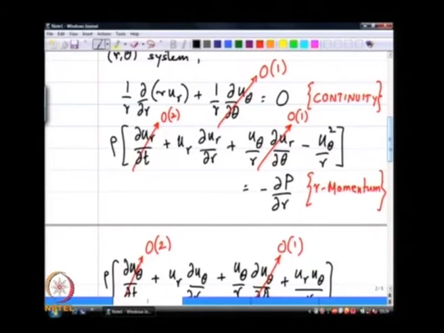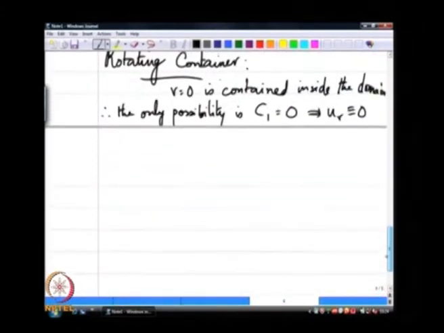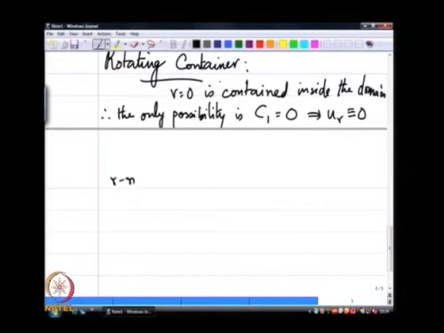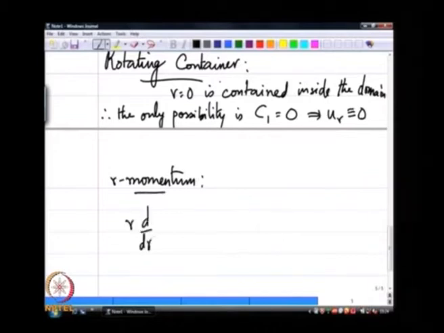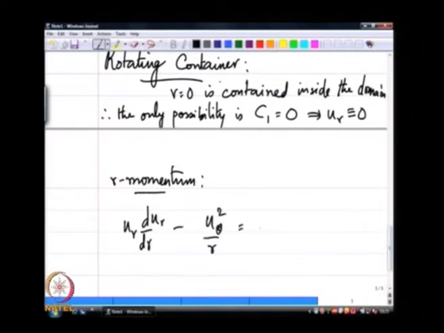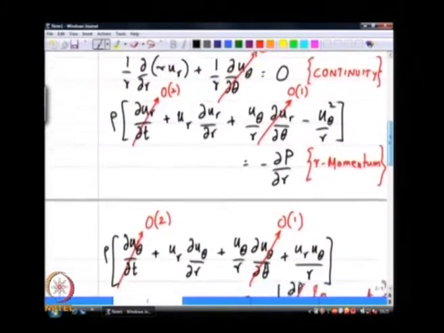Now, if I go to the r momentum equation, these are the only two surviving terms.